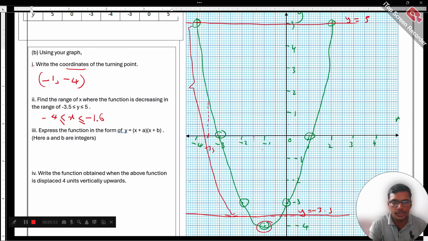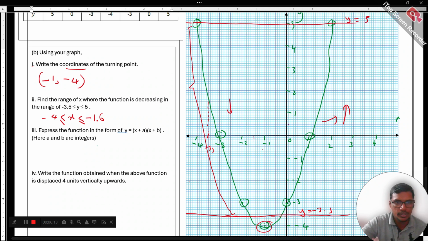In that range, the graph is decreasing. This side, what happens? This side, the graph is increasing. So they are asking the decreasing part, this range. That's why it is -4 to -1.6.